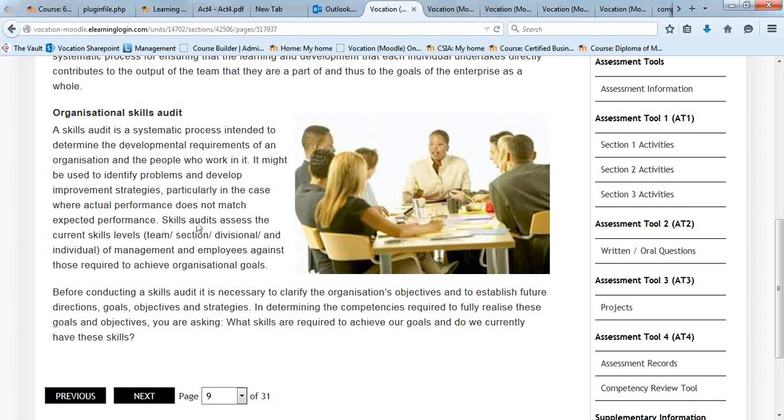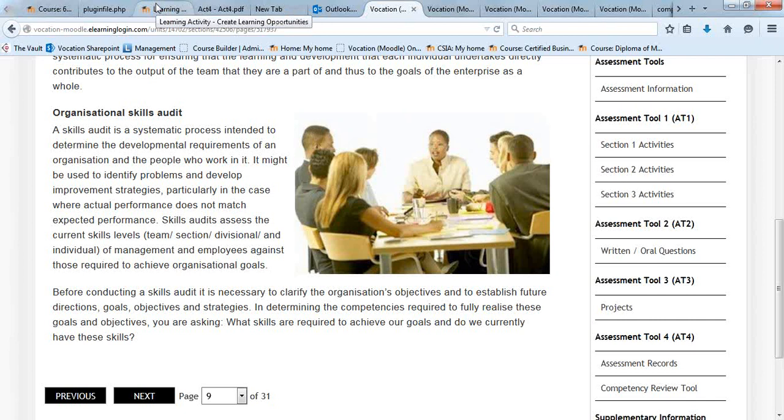As it says here, the skills audit assesses the current skill level. So that's the second step of the skills audit. What you do is that very first step, and this is actually quite a long process to do.